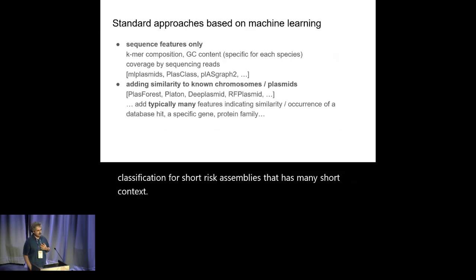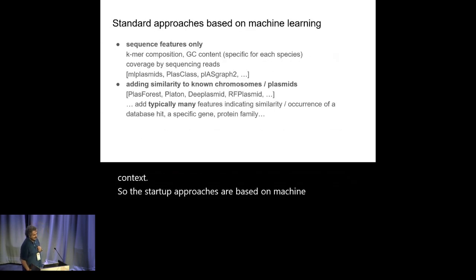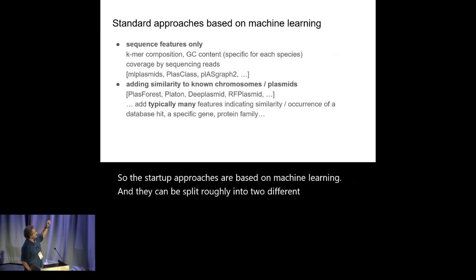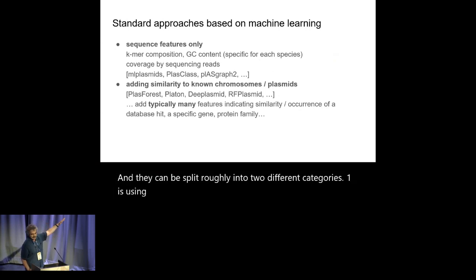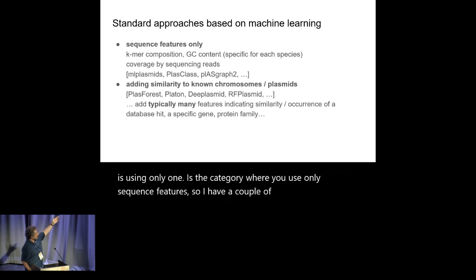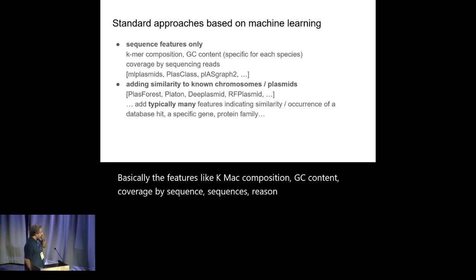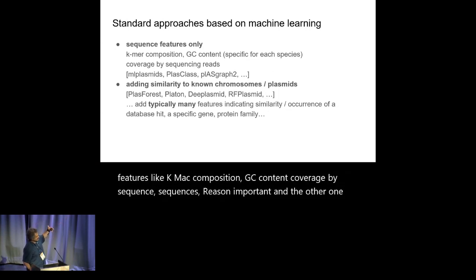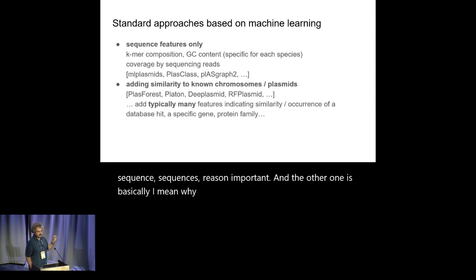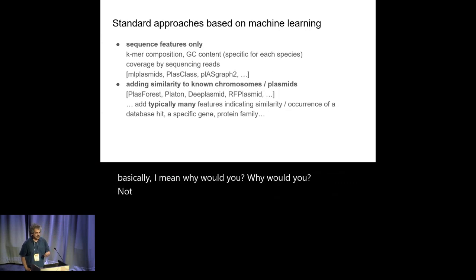The standard approaches are based on machine learning, and they can be split roughly into two categories. One is the category where you use only sequence features. I have a couple of tools listed there. Basically, features like k-mer composition, GC content, and coverage by sequencing reads are important. The other one is basically, why would you not give your learner an idea of how an E. coli genome generally looks?